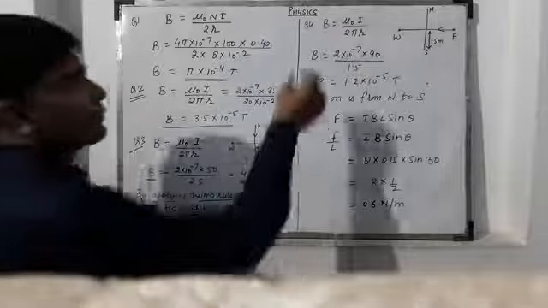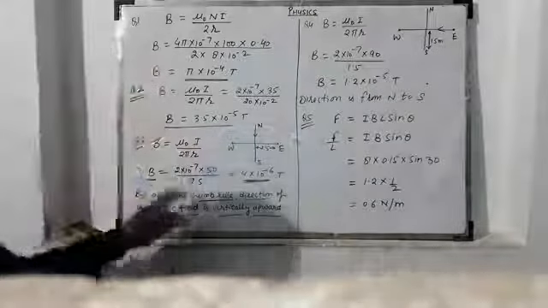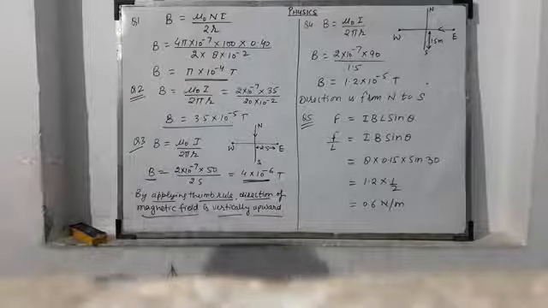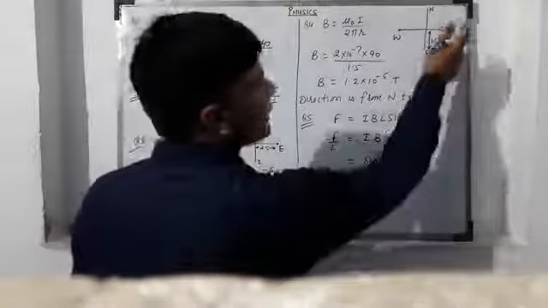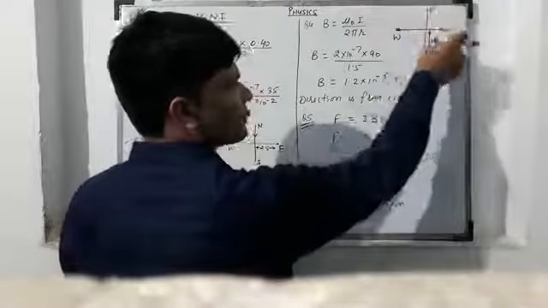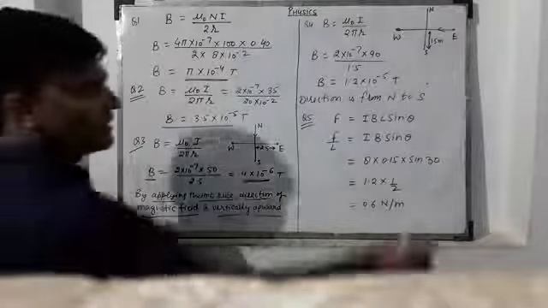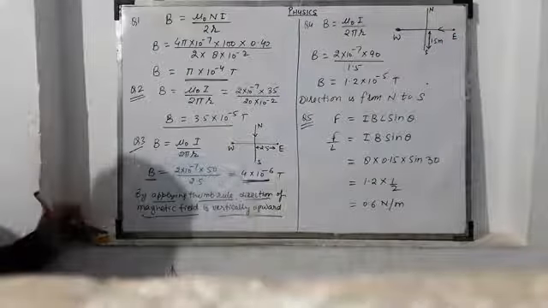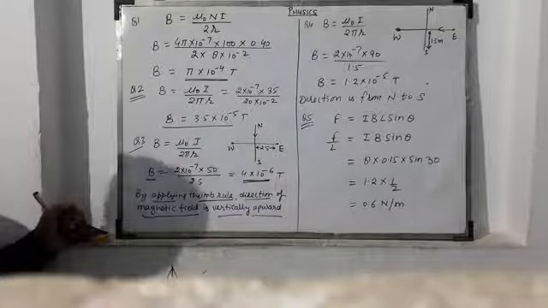Now question 4 is like question number 3, but the difference is now the current is from east to west and the question asks about the magnetic field at a distance of 1.5 meter towards south or downward.